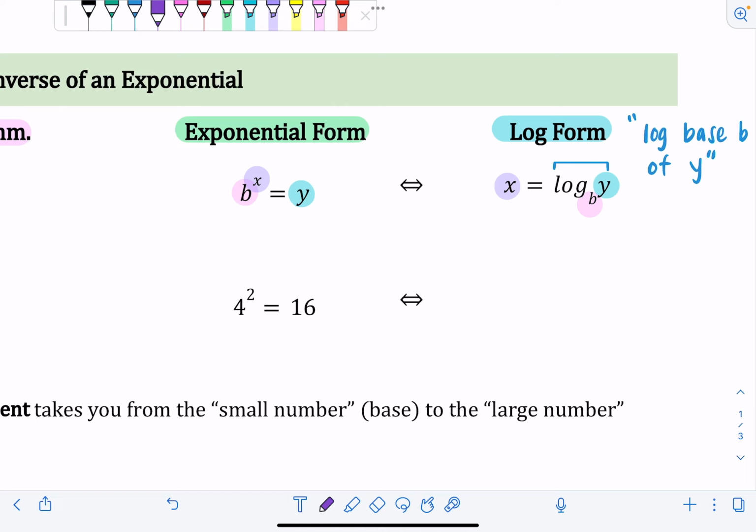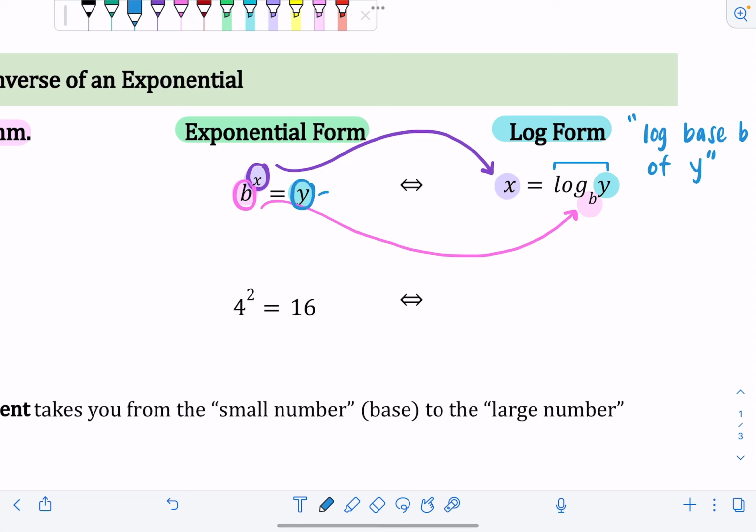So you want to get comfortable changing between these two forms: the exponent from the exponential becomes by itself in log form. The base of the exponential becomes the base of the log, and you'll see the word log written in there. And then what the exponential was originally equal to becomes what you were taking the log of. So again, I highly recommend making a note card or having a sticky note with this on there so you can refer back to it.